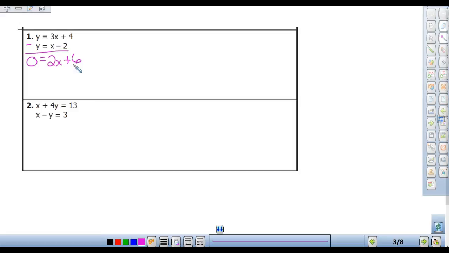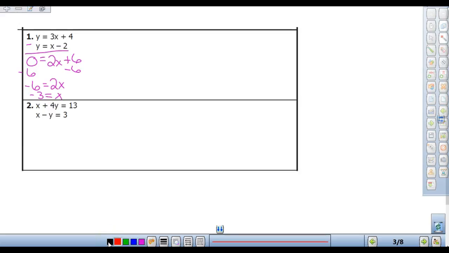Now I have to solve for x. What do I do to solve for x? Subtract 6. I have negative 6 equals 2x. Divide by 2, so x is negative 3.